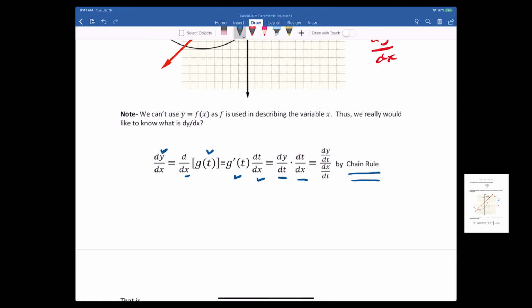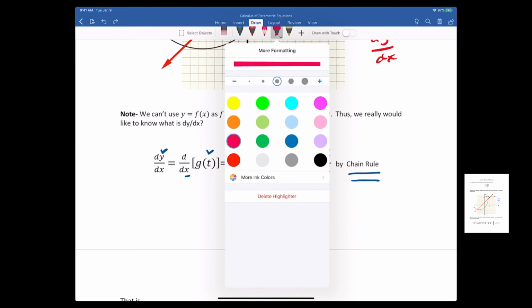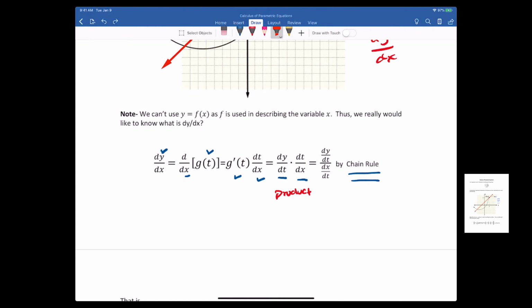So double check here, this is where we're at. And then this is a product. I wrote our product here as a quotient. So we have a nice product, and we wrote that product as a quotient.